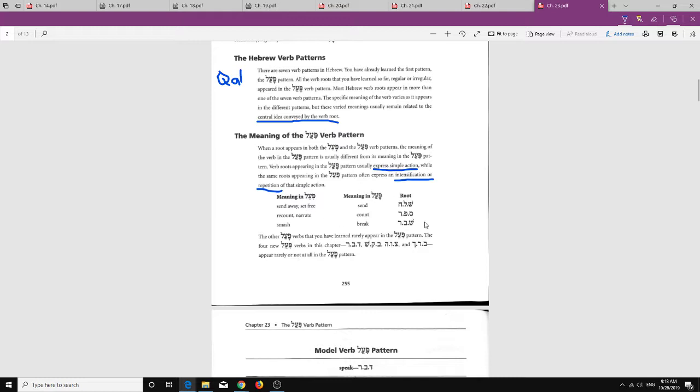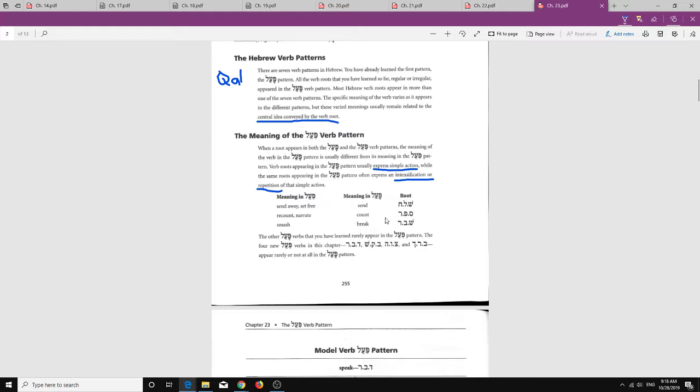These 3 verbs we've learned in this chapter, or at least we're learning the Piel. So we're familiar with these 3 verbs. In the pa'al, they mean shalak, he sent, safar, he counted, shavar, he broke, right? So we're familiar with these verbs.